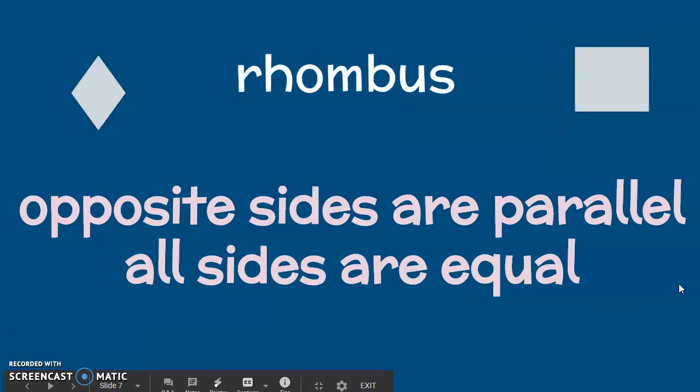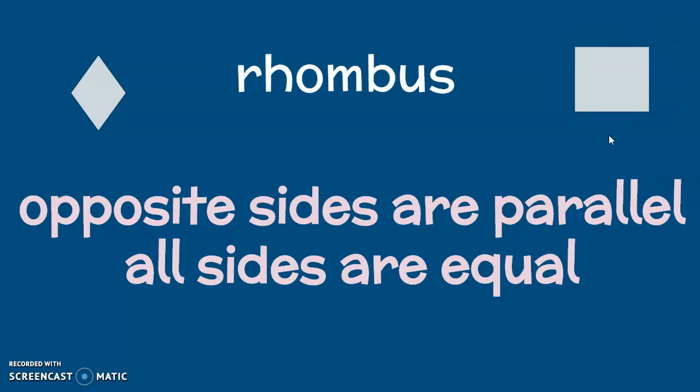Okay, now we're going to talk about a rhombus. Opposite sides are parallel, which is the same that we keep having, but all sides are equal. So therefore, a rectangle is not a rhombus because a rectangle does not need all four sides equal. But this guy over here, he is a rhombus.